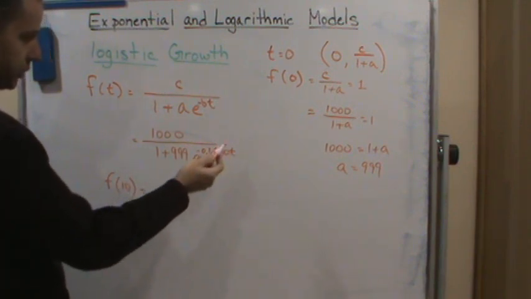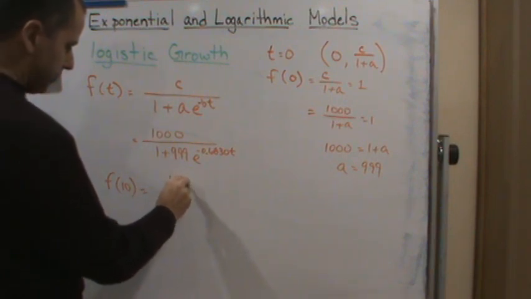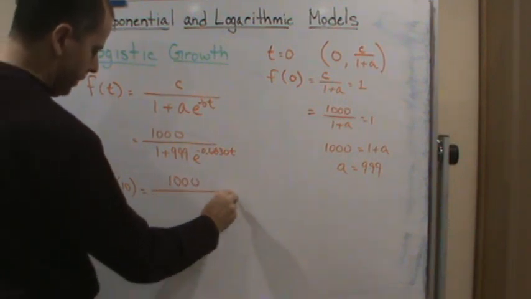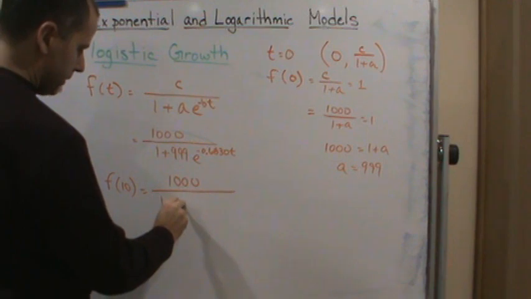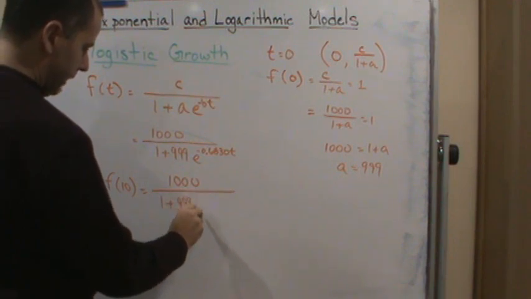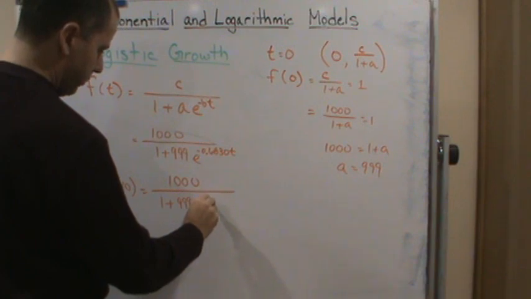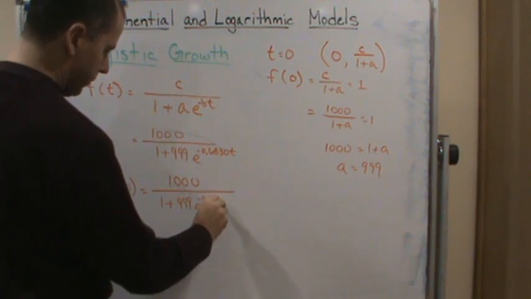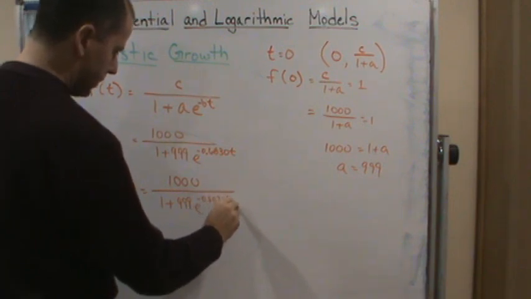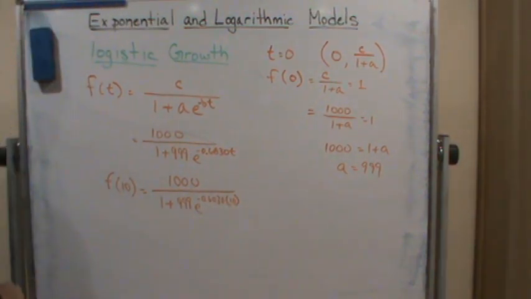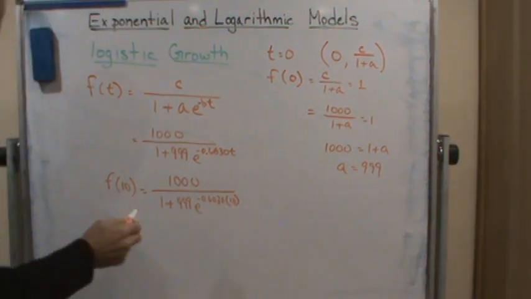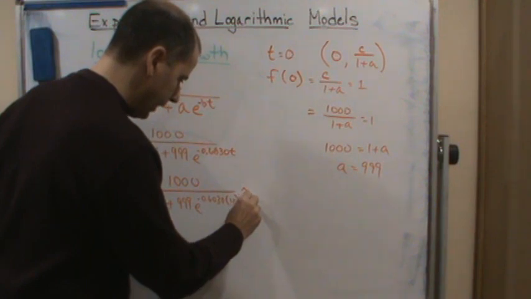We're just going to plug and chug at this point. So it's going to be 1,000 divided by 1 plus 999 e to the negative 0.6030 times 10. And so at this point I could just plug this into my calculator, which I will.